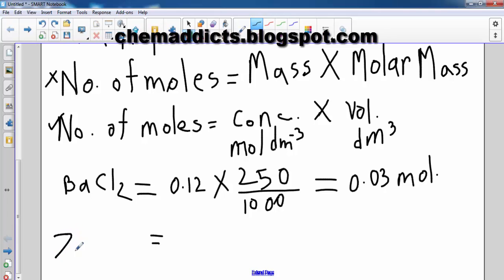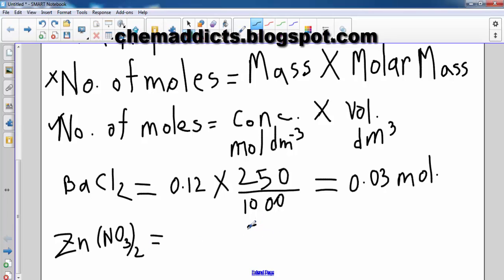In the case of zinc nitrate, the volume is 500.